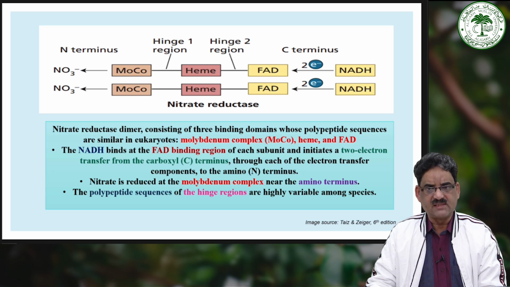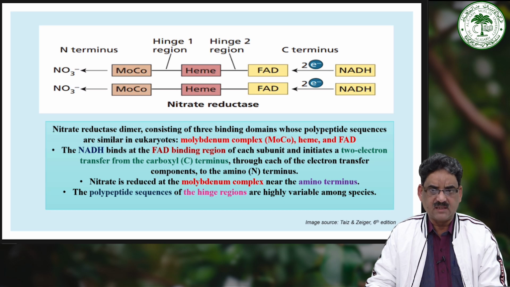Each domain of the enzyme functions as an autonomous unit and is believed to belong to a distinct protein family. These 3 domains within each monomeric unit of the homodimeric enzyme are connected by hinge regions, that is HI or HII.